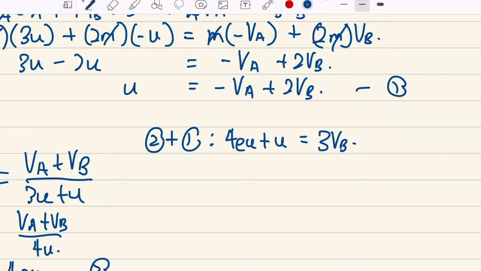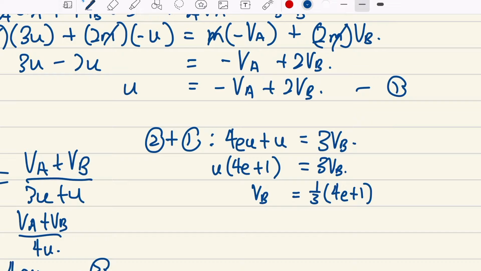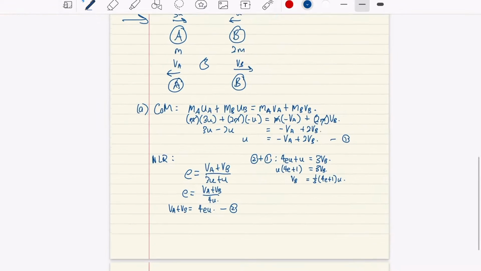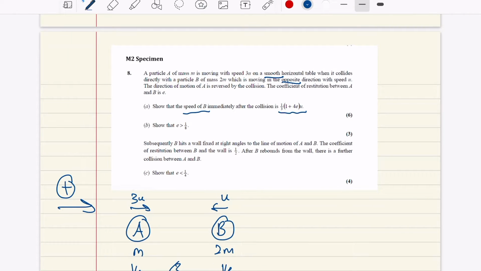By factorizing the u, we get 4e plus 1 equals 3VB. So the velocity of B is 1/3 (4e + 1) times u, which is the answer.